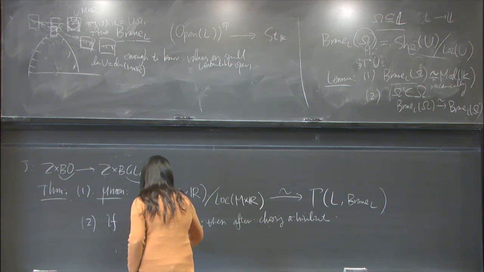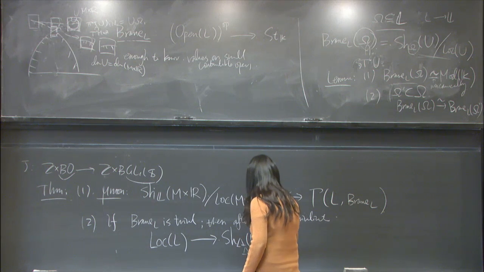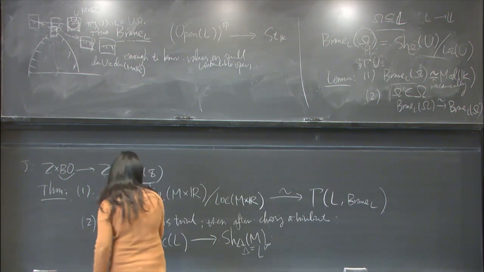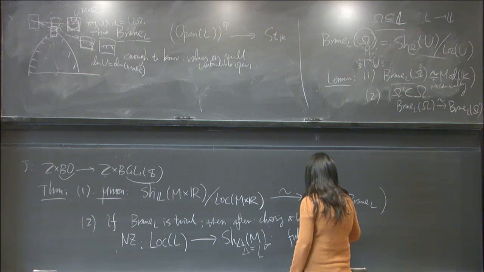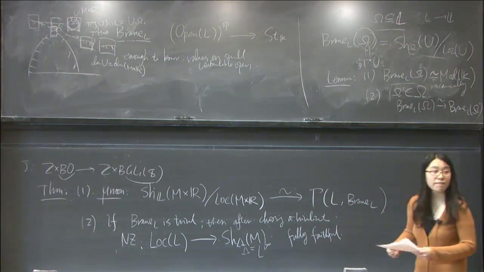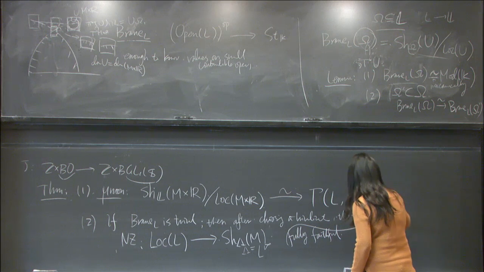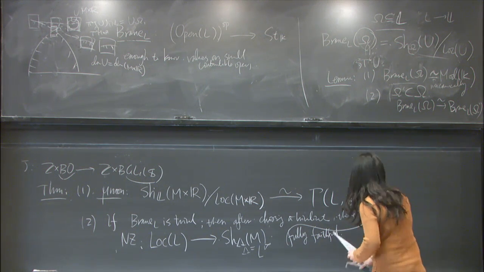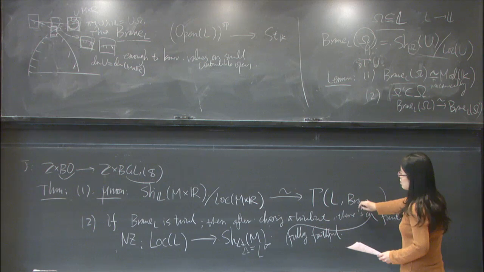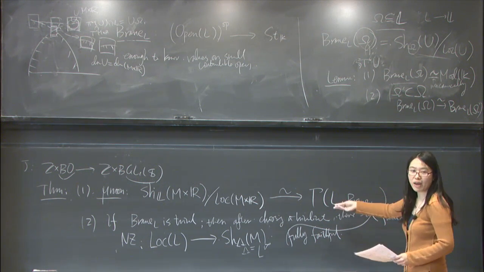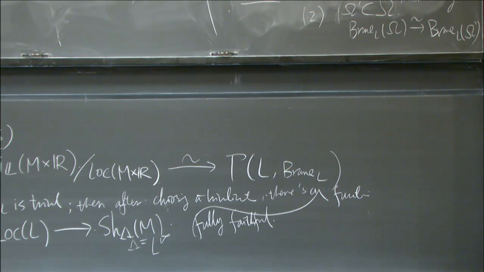That is from Loc L to sheaves on M with singular support in Lambda, where Lambda is the infinity of L. This is a fully faithful functor, so we call it Nadler-Zaslow. Guillermou proved this in the case where L is a compact exact Lagrangian. Maybe we have two minutes left.